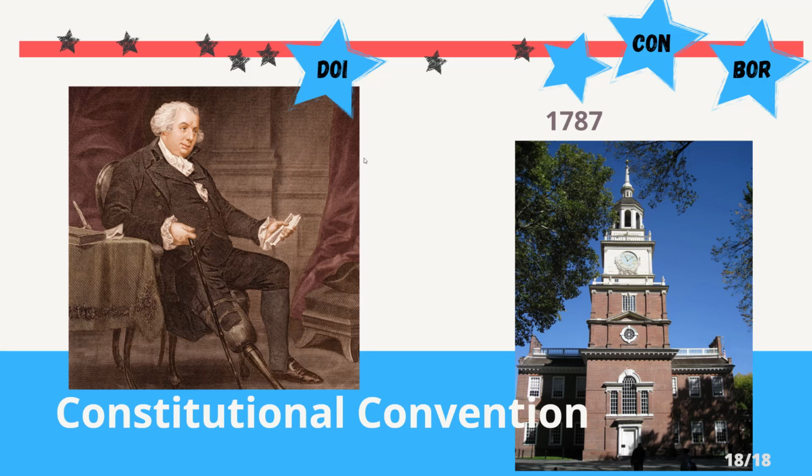Second Amendment, the right to bear arms, right? Third Amendment, I believe, is the one around quartering. I don't want any more British troops in my house, right? Fourth Amendment, search and seizure.